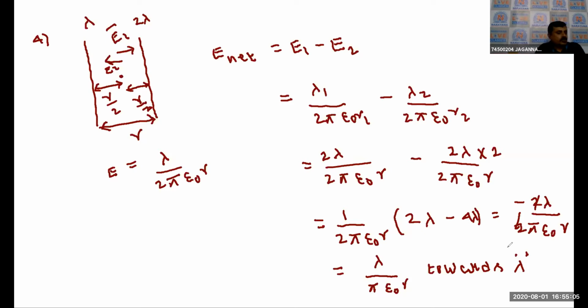Okay, this is question number 4. Understood, everyone? Now question number 5. The question is given very clearly. An electric dipole of dipole moment P is kept at a distance R from an infinite long charged wire.